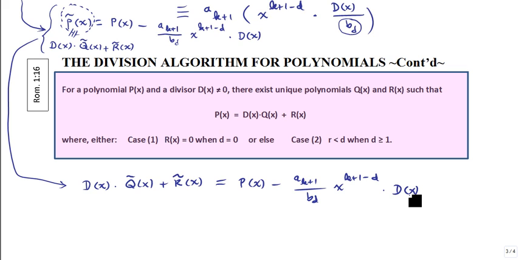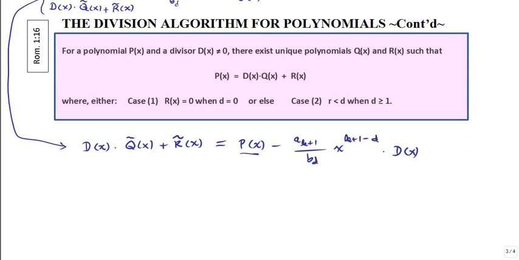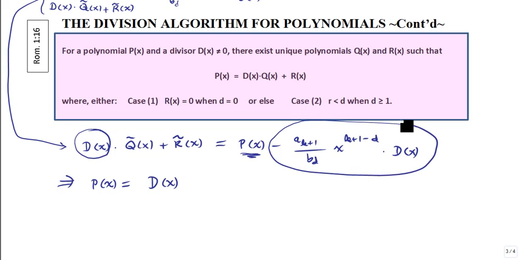Let's solve for the one that I'm interested in, the p of x polynomial. So p of x is equal to d of x. In fact, I've got a d of x here, and when I bring this term to the other side, I've got a d of x right here, so I can factor that out.